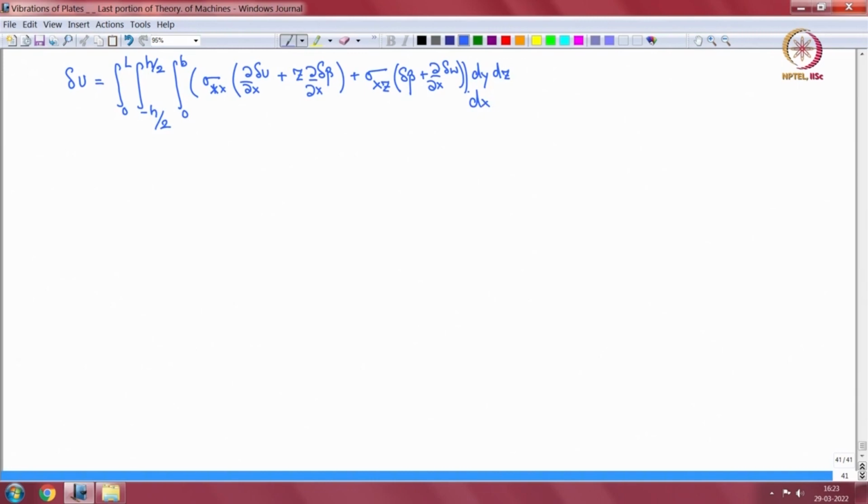Okay. So now there is no dependence on y, so just a b falls out. And if we do the h integral, because this depends only on x, this depends only on x, this depends only on x, and this depends only on x.